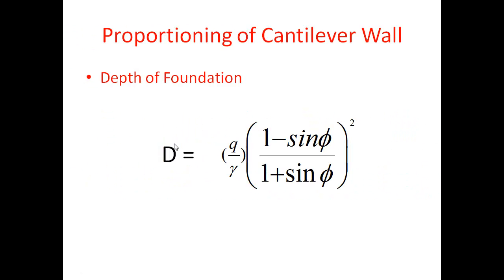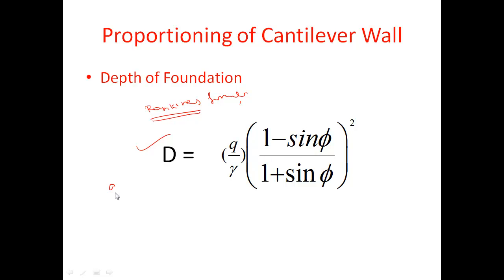So first we have to find the depth of the foundation. It depends on the bearing capacity. The depth of the foundation is found out by using Rankine's formula. You can find it in any geotechnical book. Minimum depth of the foundation is equal to the ratio of bearing capacity by density of the soil, into (1 minus sin phi by 1 plus sin phi) whole square.